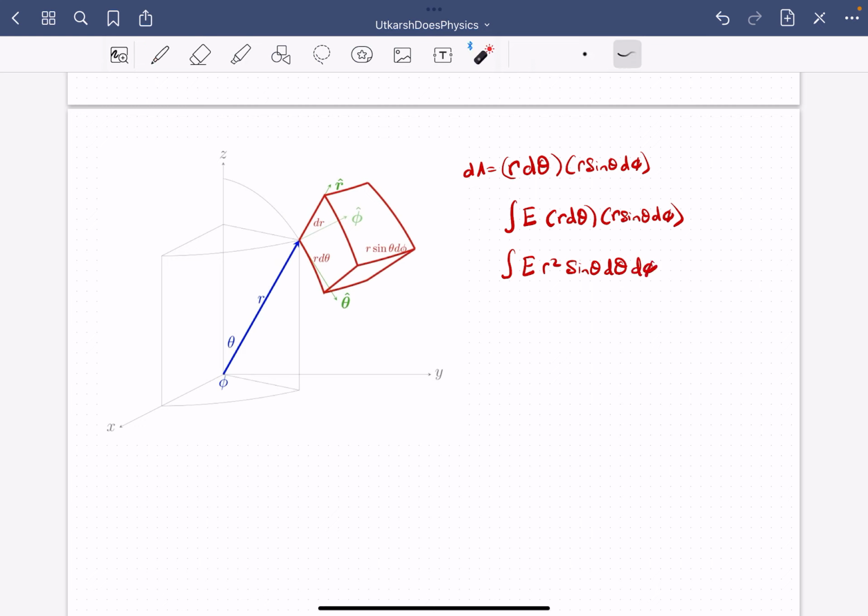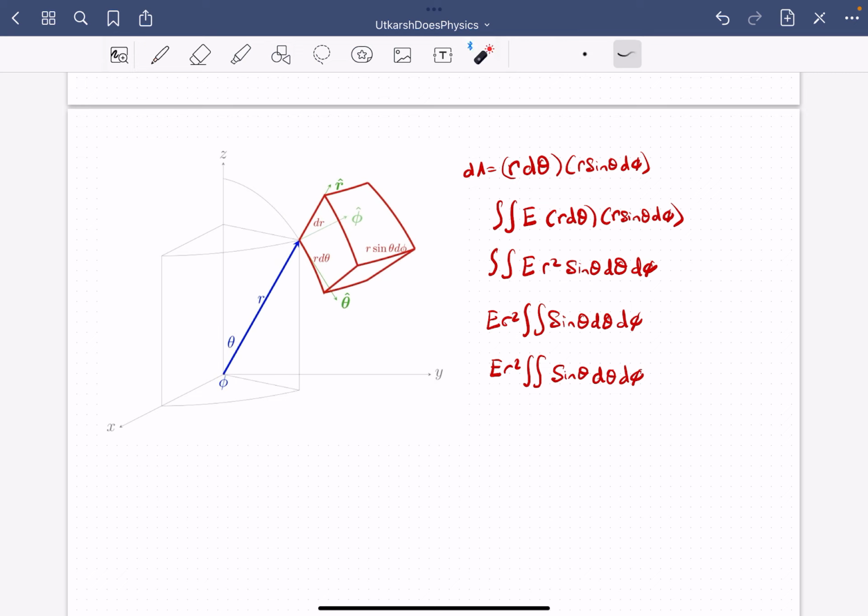Now, if you notice, E and r squared don't actually depend on theta or phi, so we're allowed to take them outside the integral. E r squared, integral of sine theta d phi. Two integrals, two values. So all we have to do now is to define the bounds of our integration so we can actually compute what the value of that area is.